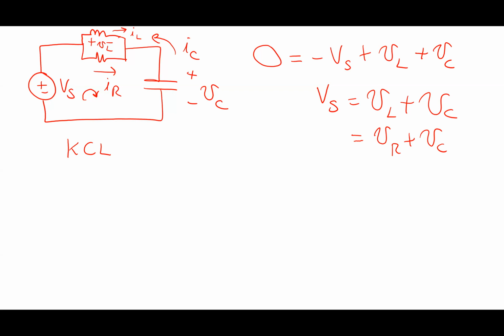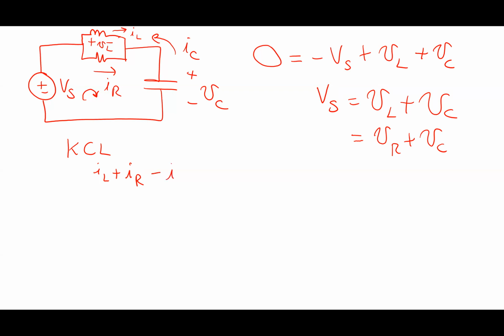The KCL is going to be what? IL plus IR equals negative IC. Well, let me do it this way.